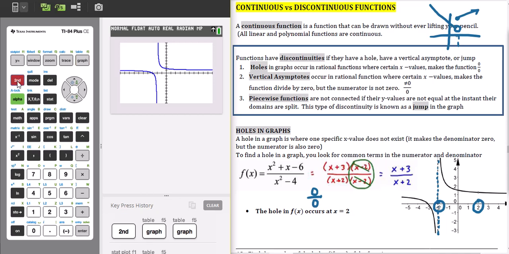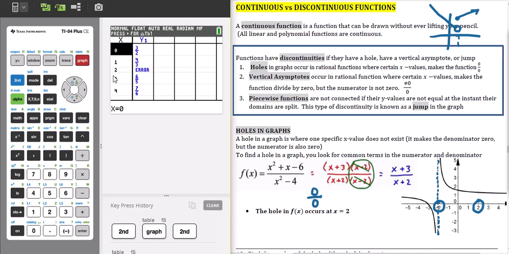But what you can do with your table is see what's going on with the function value at 2. If you look at 2, you can see there's an error message right here, so you know that there's a problem. When x equals 2, there's nothing happening. So you know it's a discontinuity.